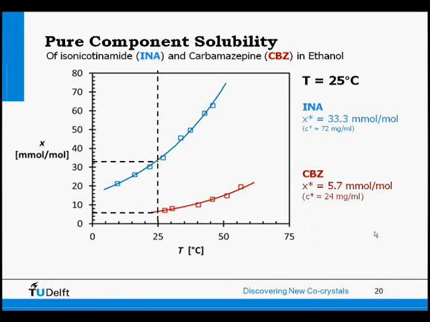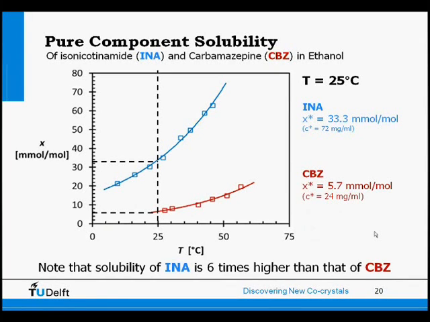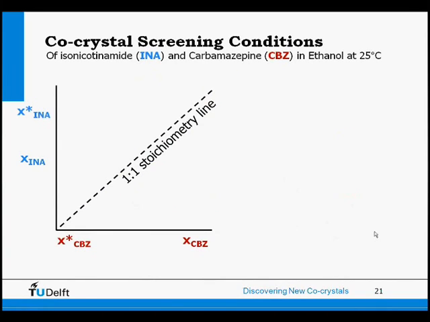We can determine now the solubility at 25 degrees Celsius. For isonicotinamide that is 33.3 millimoles per mole, and for carbamazepine it's 5.7 millimoles per mole. So 6 times higher solubility for isonicotinamide. And we will have to account for that in our discovery of the new co-crystals for isonicotinamide and carbamazepine.